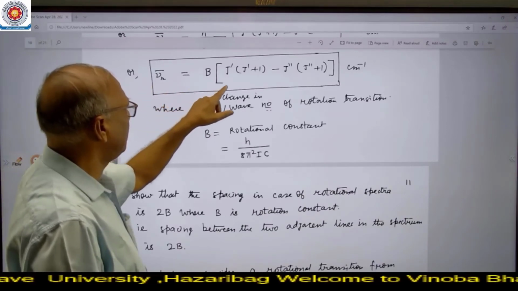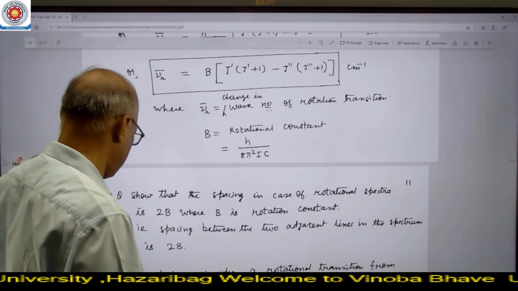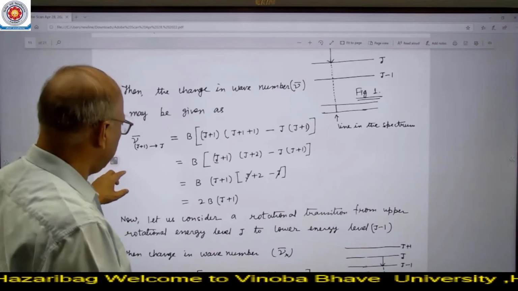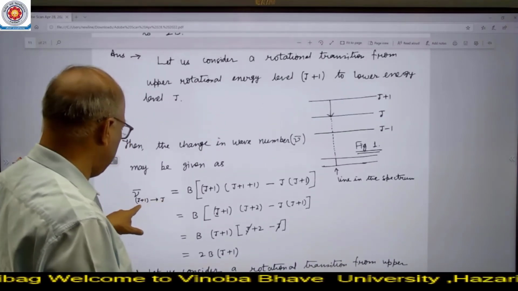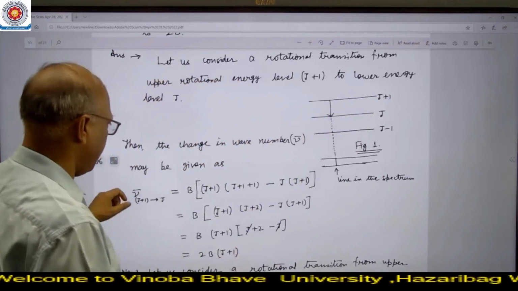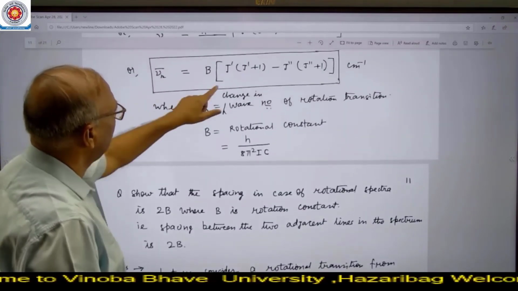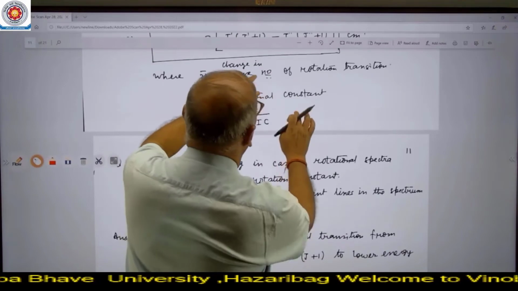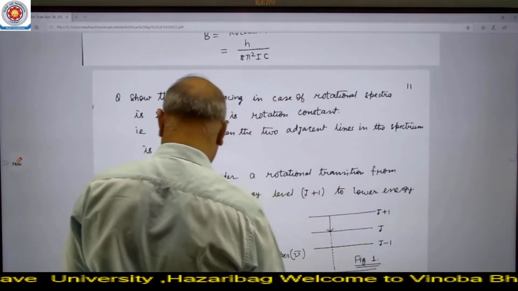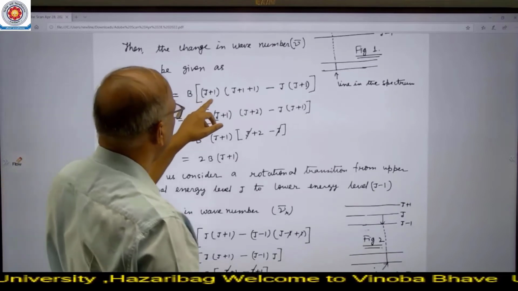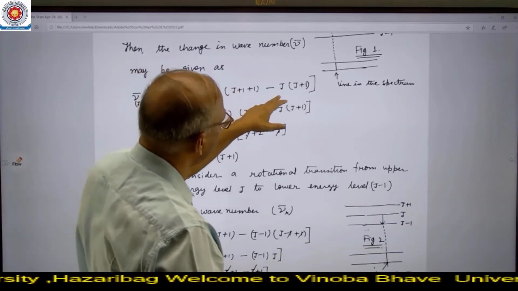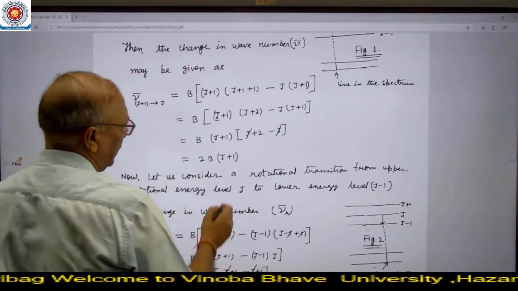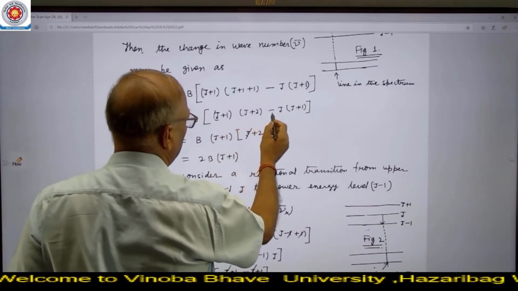Now nu bar is equal to B, J prime into J prime plus 1 minus J double prime into J double prime plus 1. The same formula is used here, and the only change is that the upper energy level is J plus 1 and the lower energy level is J. So in this formula, for J prime we use J plus 1, and for J double prime we use J. It becomes J plus 1 into J plus 2 minus J into J plus 1.